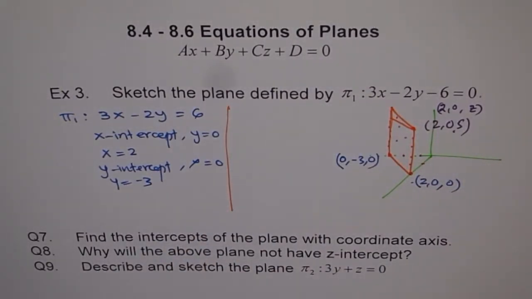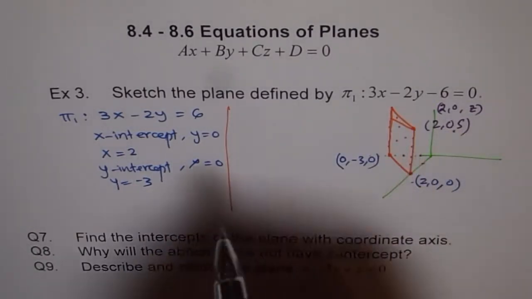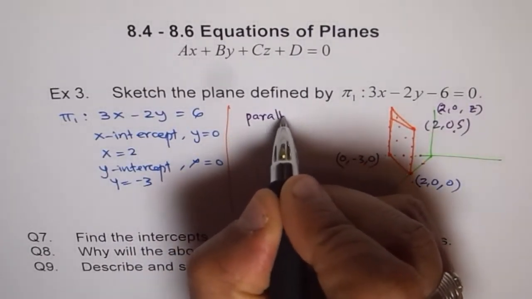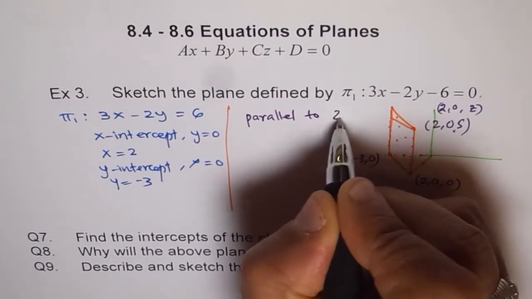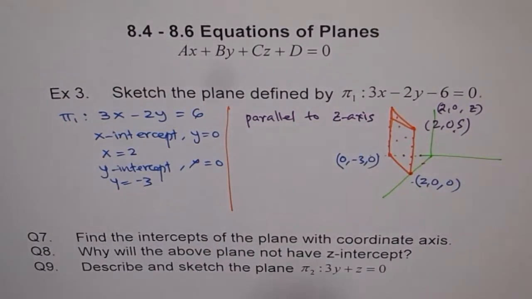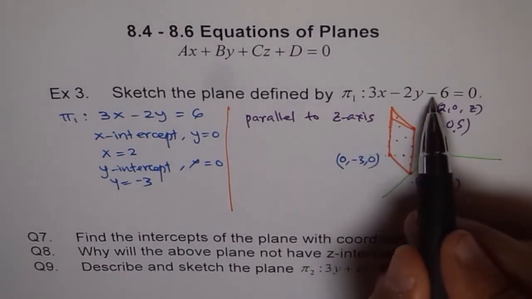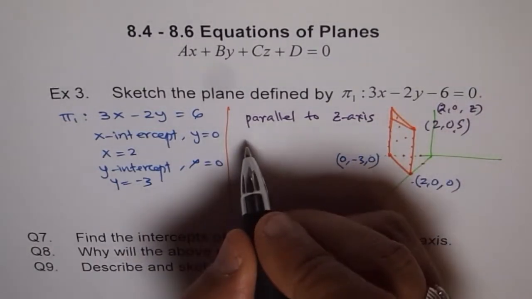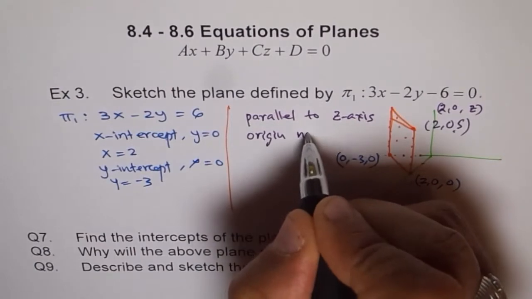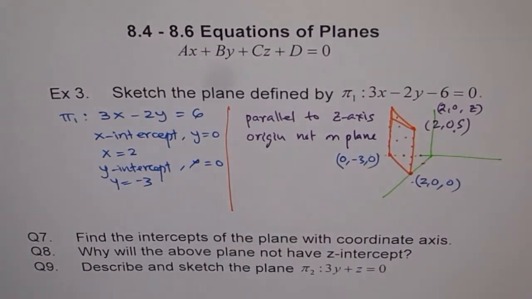So what do we learn from here? First thing you will see is that the plane is parallel to the z-axis. Does the origin lie on it? If I put 0, 0, 0, you get minus 6 equals 0. So the origin is not on the plane. That is important to note.